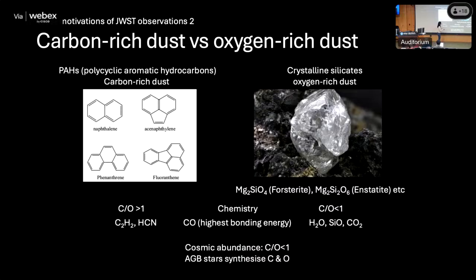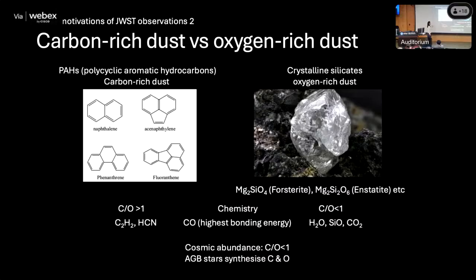Whereas if it's oxygen-rich, the molecules you may typically form are water, silicon monoxide, and CO2, but also, as crystalline silicates, you can see magnesium, silicon, and oxygen combined together. So the question is how to make two different chemical components of dust in a single object.